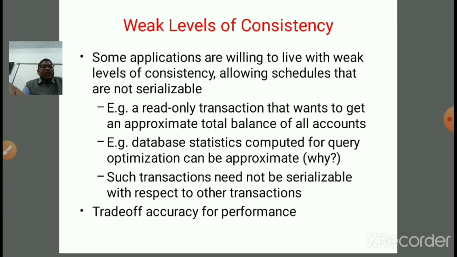Such transactions need not be serializable with respect to other transactions. So there is a trade-off of accuracy for performance. If the level of consistency is weak, or for some applications we are willing to live with a weak level of consistency, then we need to allow schedules that are not serializable.